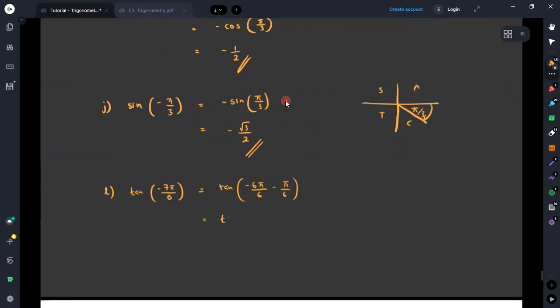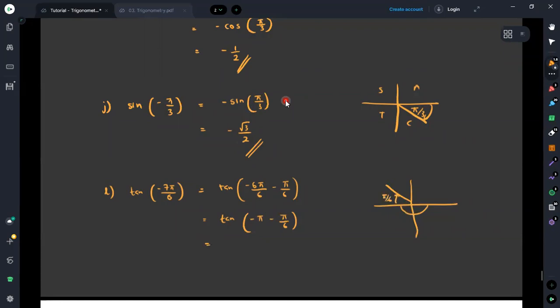If we draw this, we can see that we have measured it in the anticlockwise direction, minus 5, and another 5 over 6 is measured in this direction.